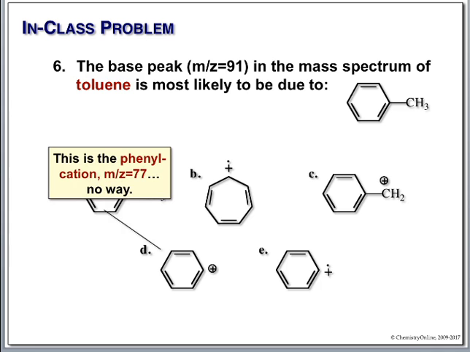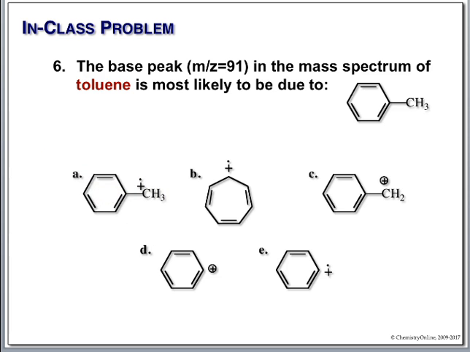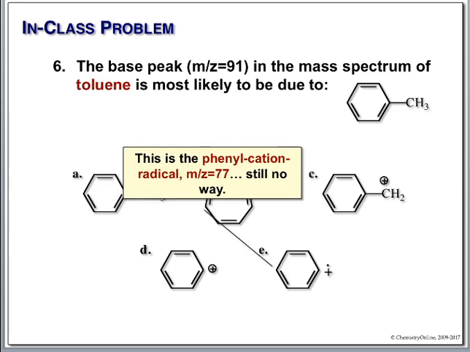Plus, the phenyl cation is a miserable cation, very unstable. You'll see it in the mass spectrum of toluene, but it's a minor peak relative to the others, very unstable. Likewise, this is the phenyl radical cation. Again, it's still at 77, but it's still very unstable.